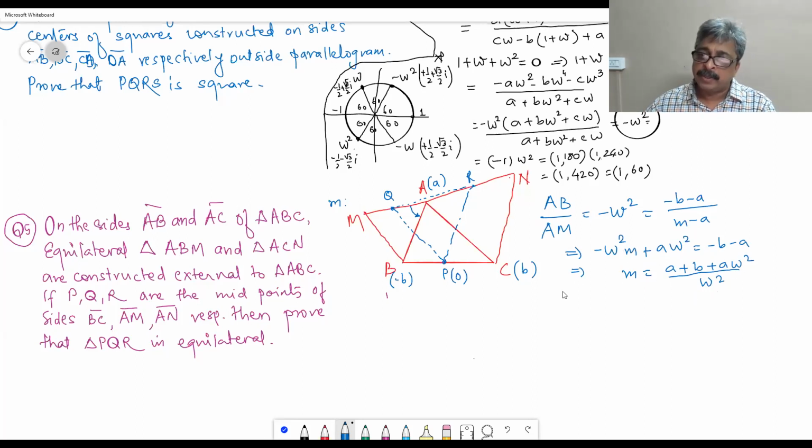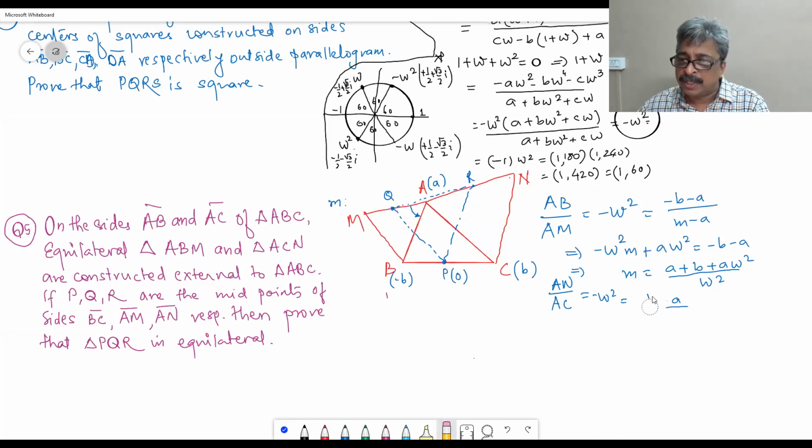That is our M. For N, let us rotate AC 60 degrees anti-clockwise to become AN. So AC becomes AN, which is minus omega square, which is equal to C minus A, which is B minus A, sorry, this is to be in the denominator.